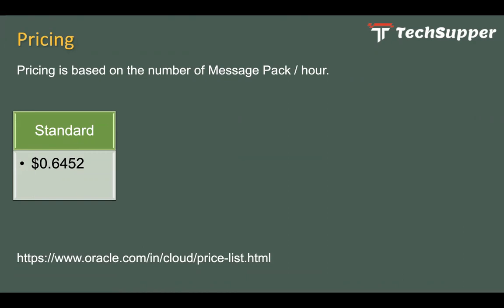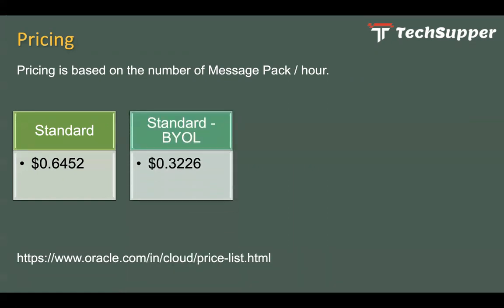If we go with the new license and opt for standard, it will be $0.6452 per message pack per hour. If you go with standard and choose the license as BYOL, bring your own license, then the cost will be $0.3226 per message pack per hour.